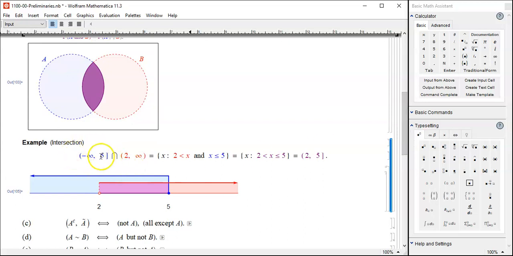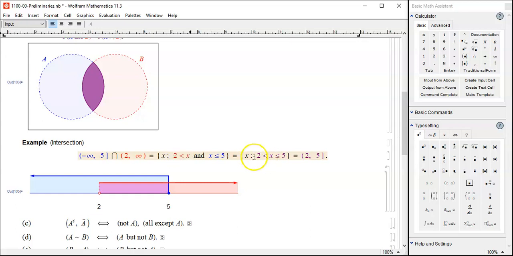This blue interval and red interval put together. So we have to find numbers that belong to blue and red together. So less than or equal to 5 and greater than 2, which means greater than 2 but less than or equal to 5, this middle part. That's the intersection.